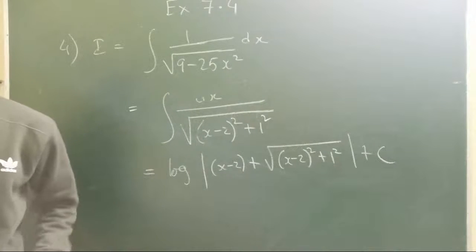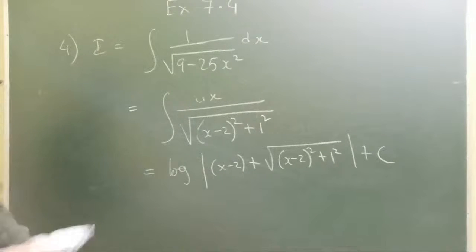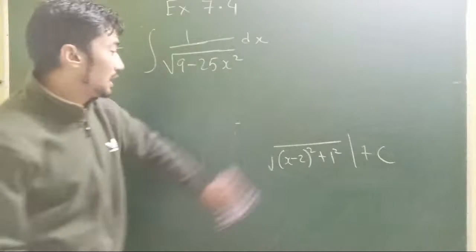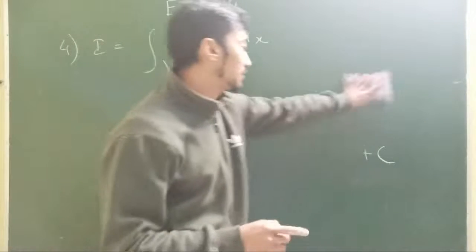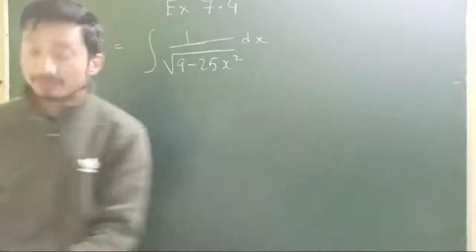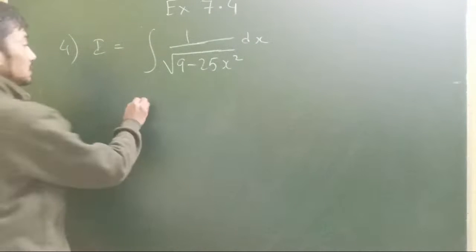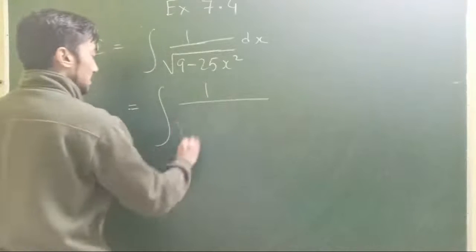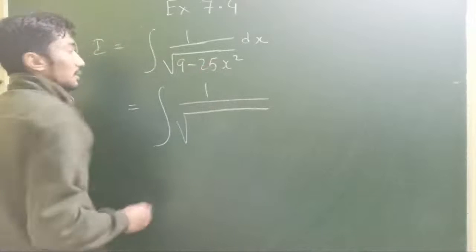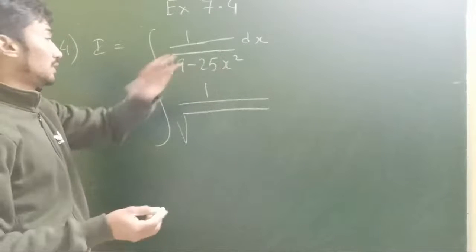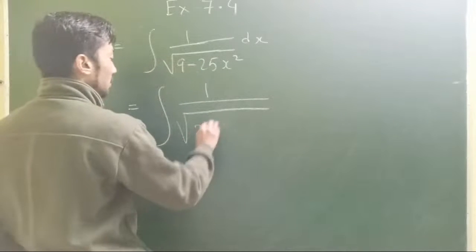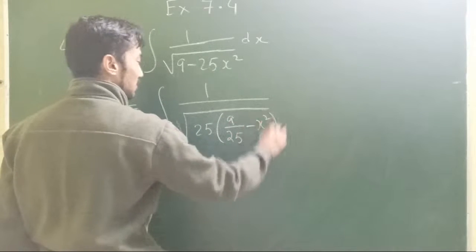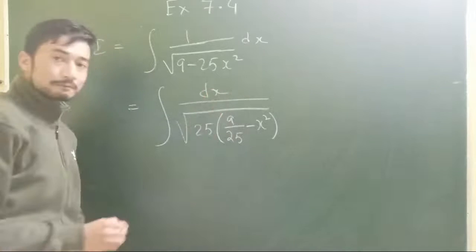So in question number 2, I told you to try to keep the variable free of the coefficient. And in that case what we will do, again almost similar to that particular question, I will be trying to keep this variable free of the coefficient, so I'll take 25 common, so then I'll have 9 by 25 minus x square with respect to x.